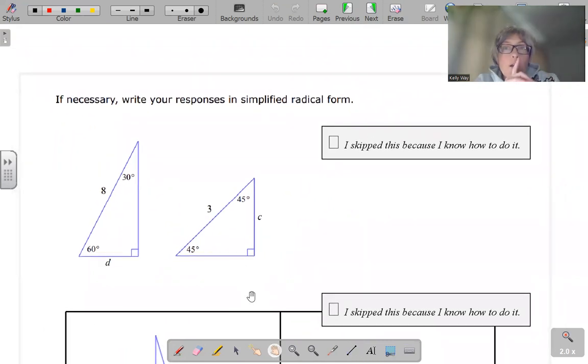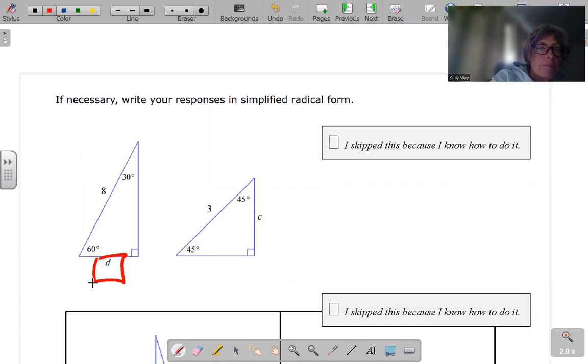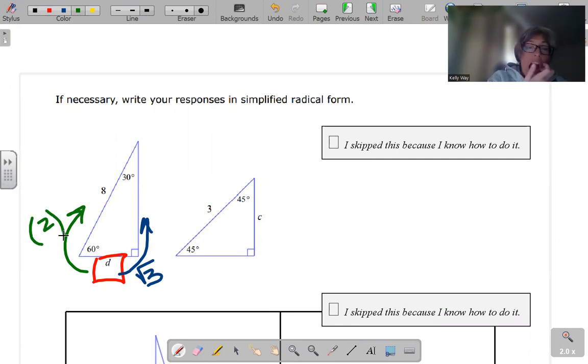So here we're doing 45, 45, 90, 30, 60, 90. The first one is 30, 60, 90, short leg root 3, short leg times 2. So it looks like this. We start with the short leg to long leg, root 3, short leg to hypo, times by 2.